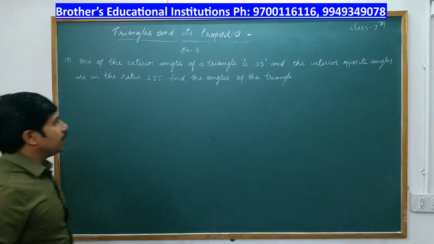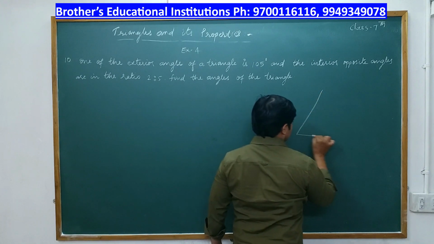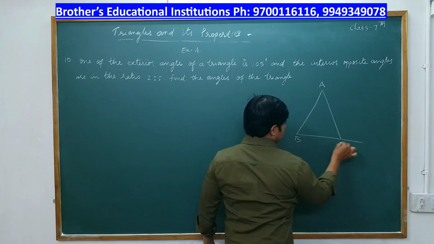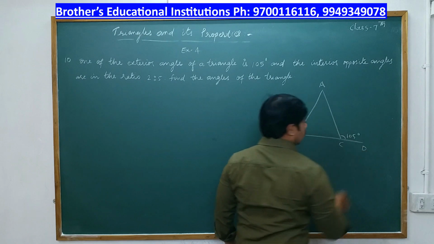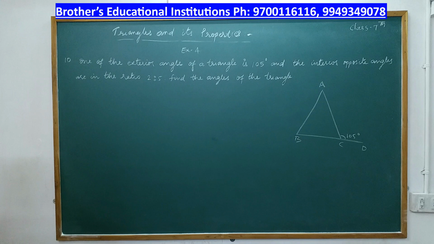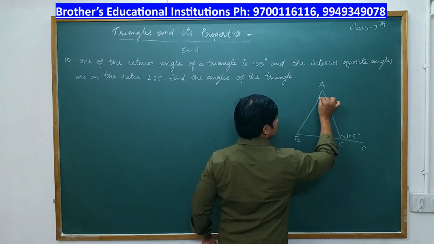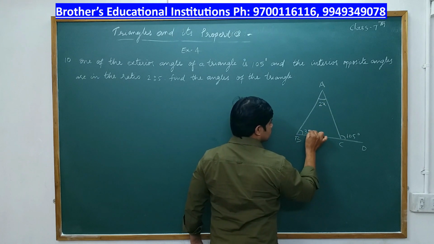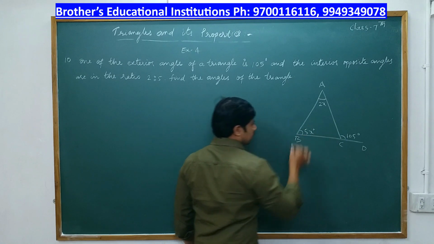One of the exterior angles of a triangle is 105 degrees. Okay, we draw one triangle ABC, and D. One of the exterior angles of a triangle is 105 degrees and the interior opposite angles are in the ratio 2:5. So whenever they give a ratio, we assume 2 into some part, that is x, and 5x. 2x and 5x we assume.